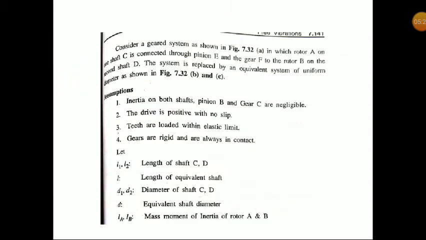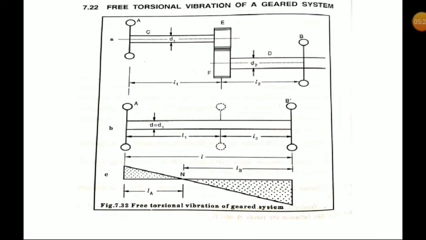Here, if you are referring to this figure, you can see in case of equivalent shaft, how many rotors are here? A and b dash. And in the case of equivalent shaft, the angular velocity, that is already you have studied.